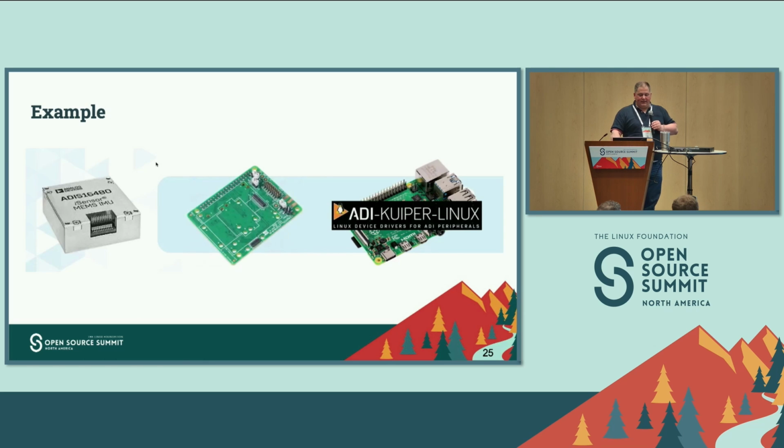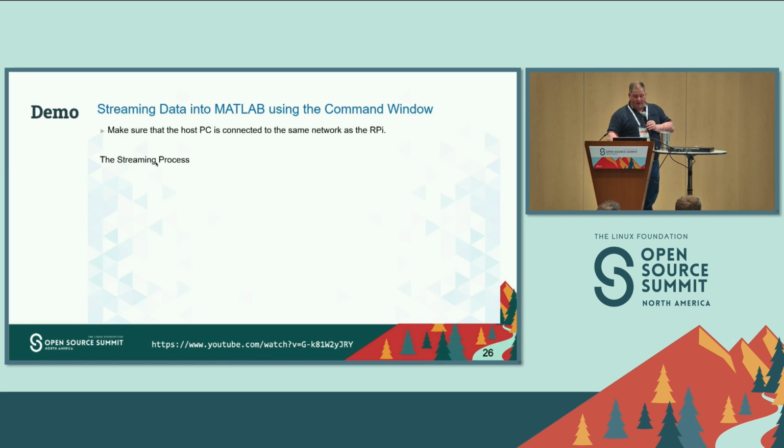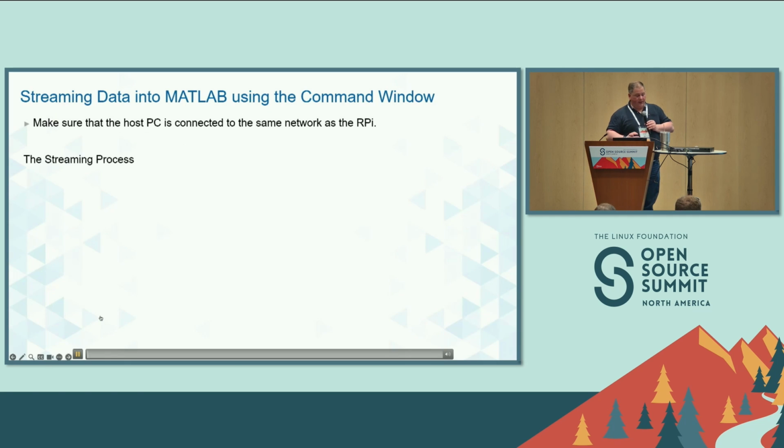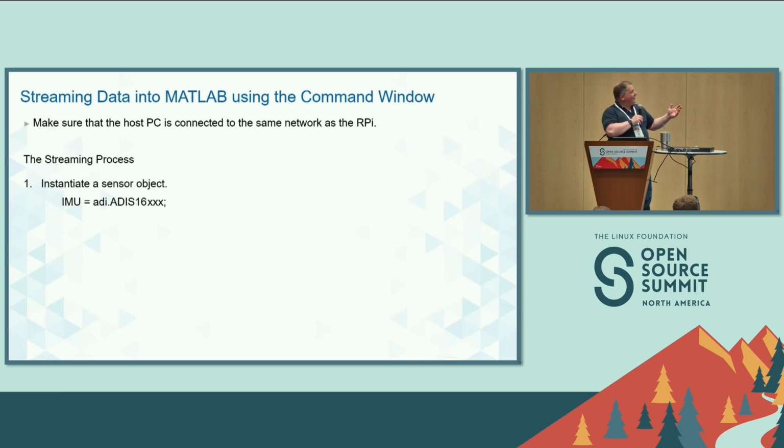And then just as an example, this is an IMU on an interface board connected up to a Raspberry Pi, which is running ADI's Kuiper distribution. And what they're doing is just from a MATLAB perspective.